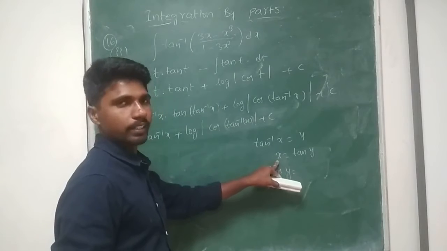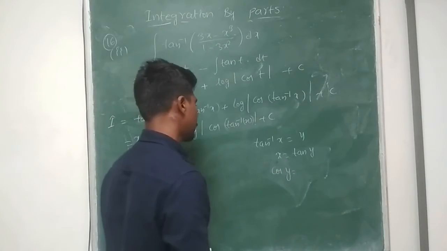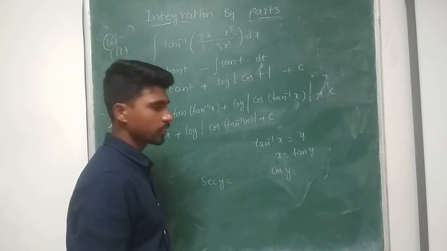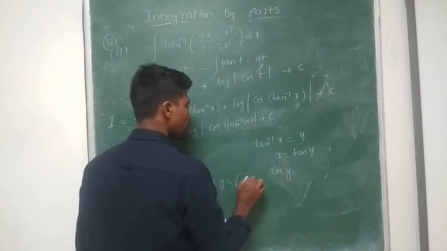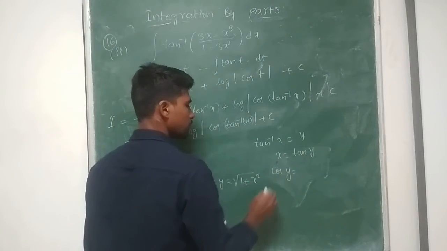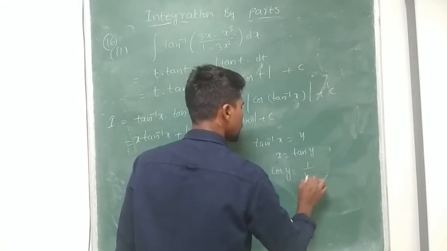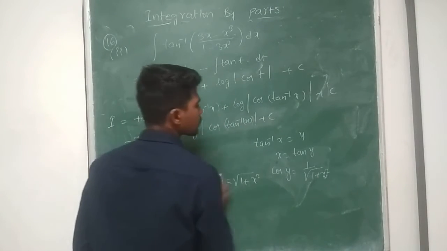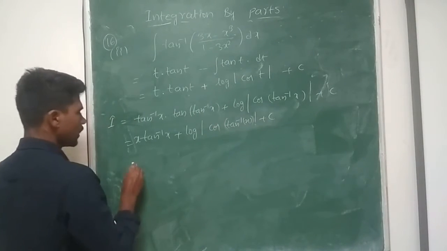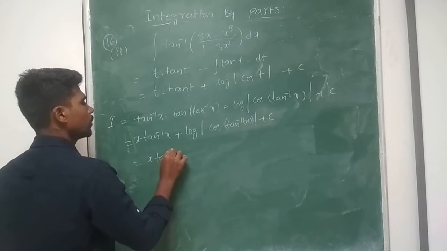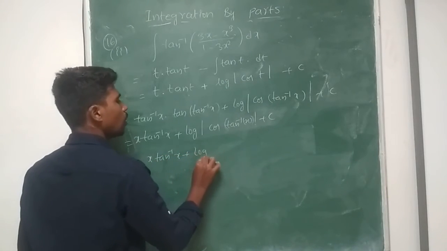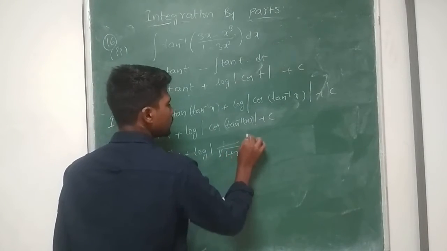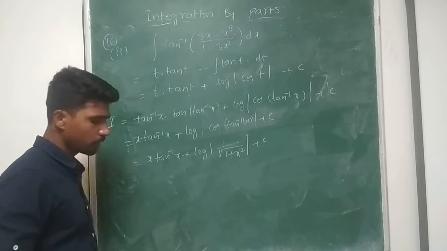Secant y is equal to root over 1 plus tan square y, so root over 1 plus x square. Then cos y is 1 by root over 1 plus x square. So our answer is x tan inverse of x plus log modulus of 1 by root over 1 plus x square plus some constant c.